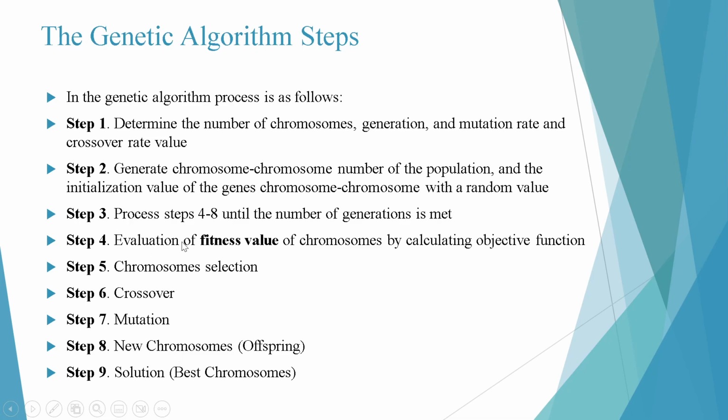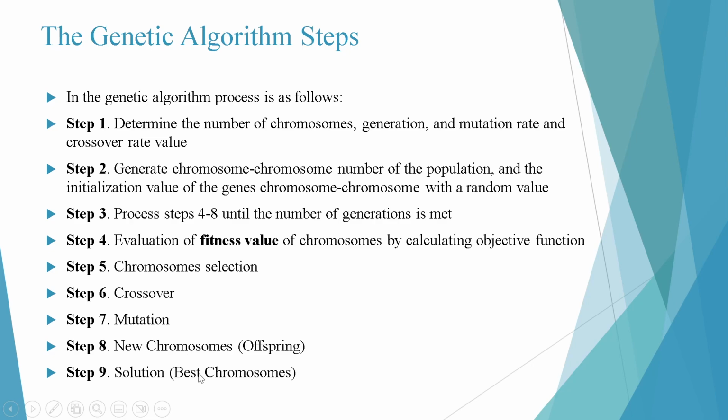Step 4: we evaluate the fitness value of the chromosomes by calculating the objective function. First of all, we must have the objective function, what we want to do, whether to maximize or minimize. Then we calculate the fitness value and choose chromosomes based on the best fitness value. Then we do the crossover and mutation to produce new chromosomes, the offspring.